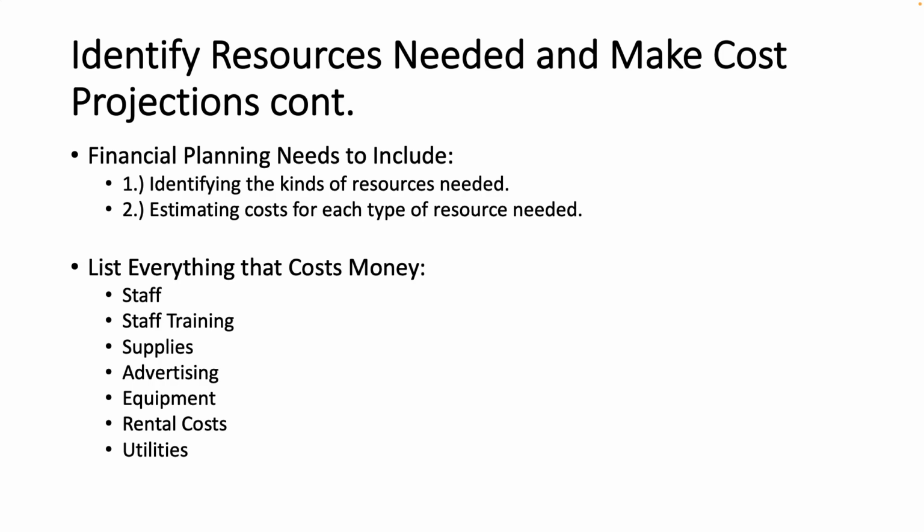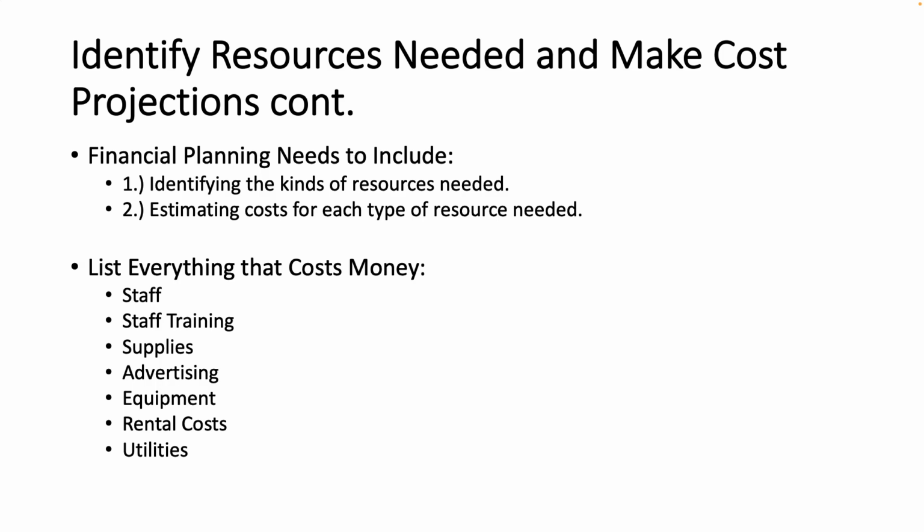But again, basically, you want to identify resources that are needed and also estimate cost for each type of these resources. So here you want to have a list of everything that's going to cost money. So you're going to want to have your staff.